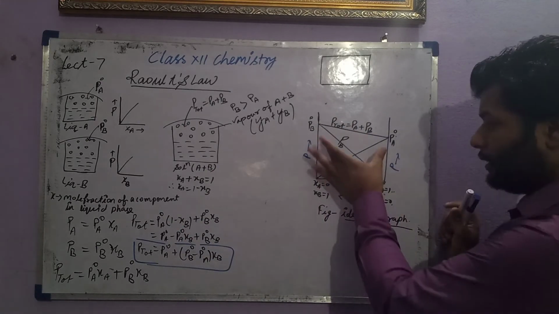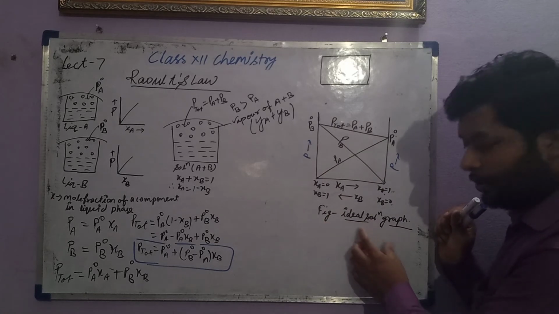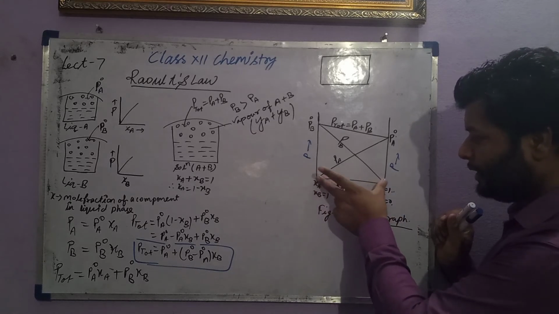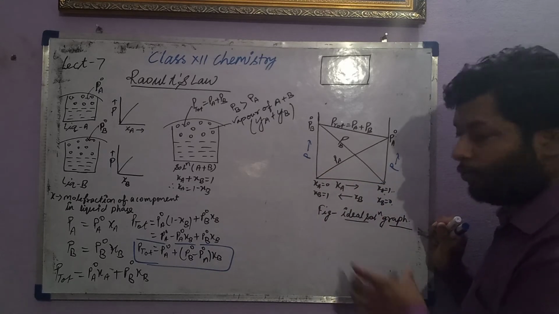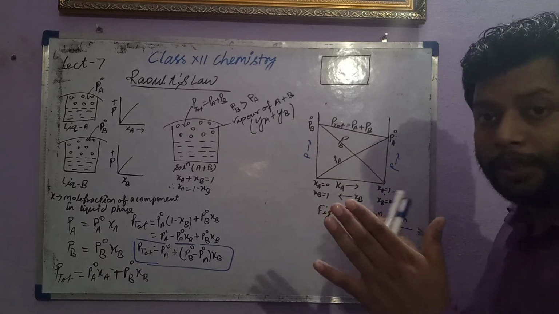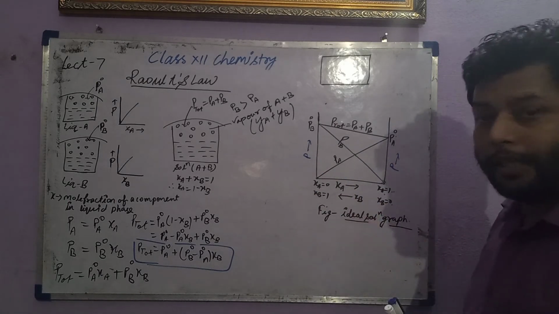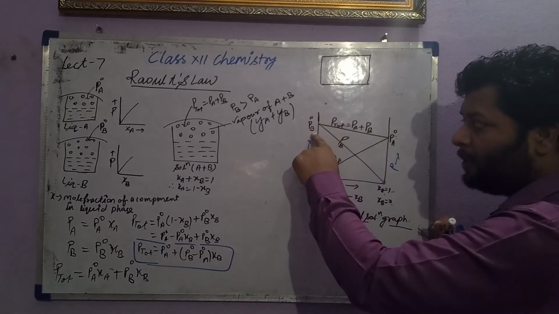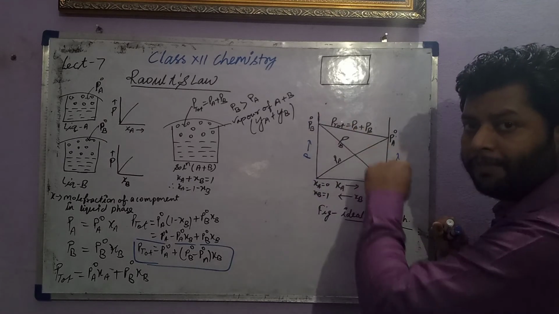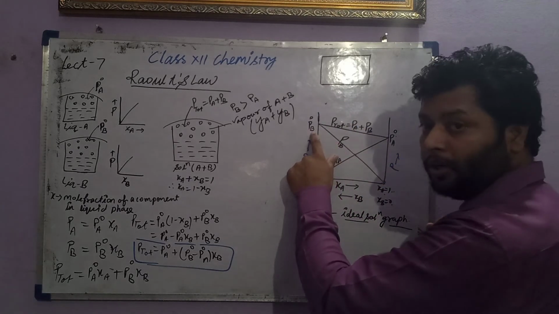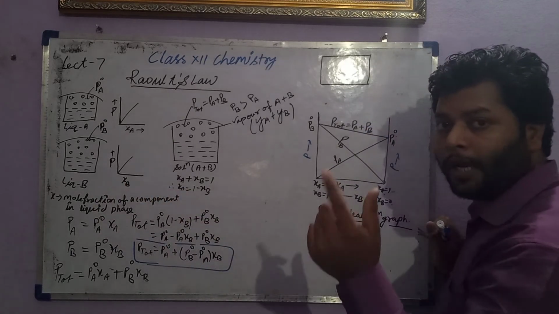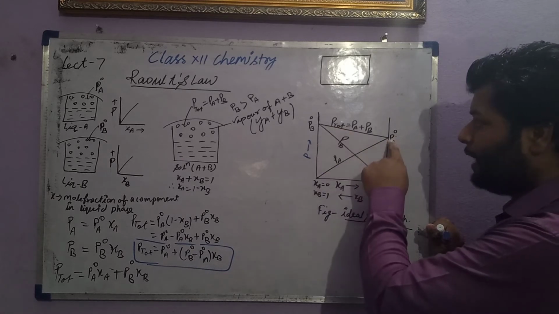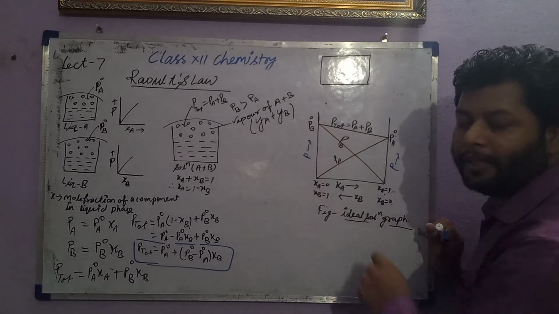So you can see the figure tells about the ideal solution graph where two different components are there. On the y-axis, the solution varies. You can see one of the graphs, which is a kind of slope. P naught B is at a higher position than P naught A because I just assumed B is more volatile than A. If A were more volatile, it would be at a higher position and B at a lower point.